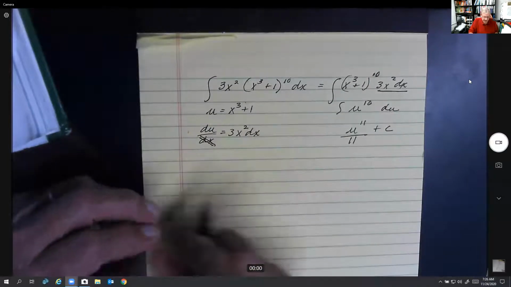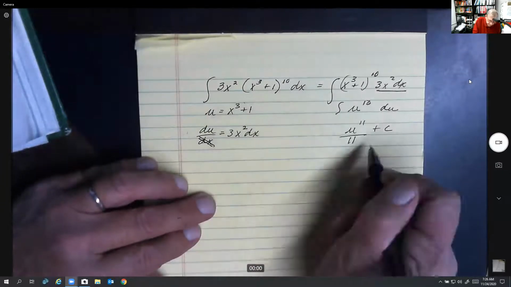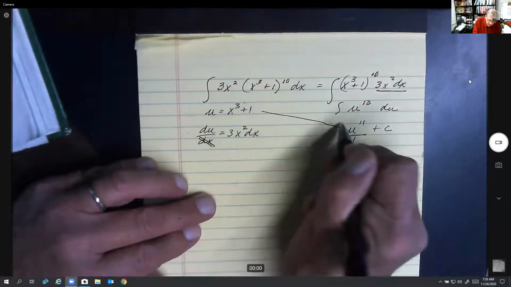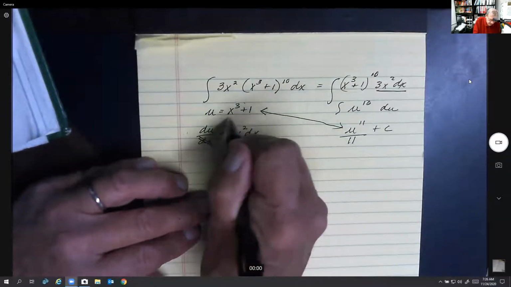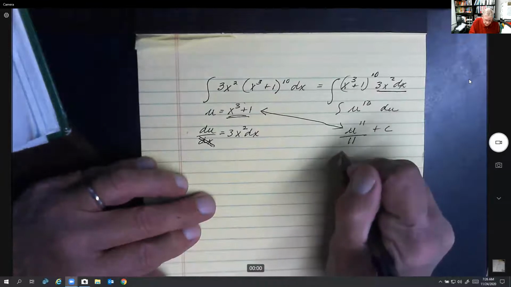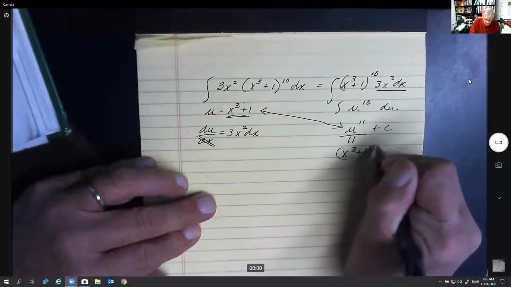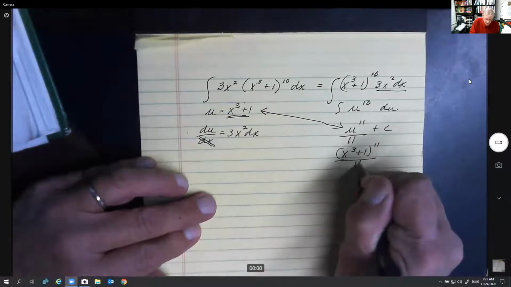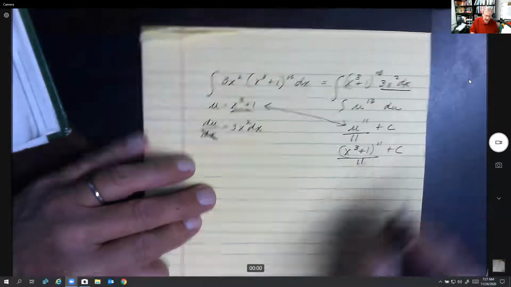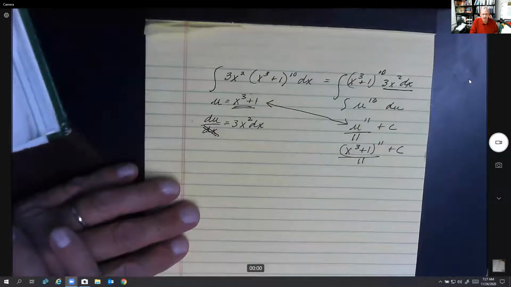I understand that. And now we're going to substitute what is u. Go back to here. And we're going to replace this u with this expression. So it's going to be x cubed plus 1 to the 11 over 11 plus c. And that is the integration of this problem.